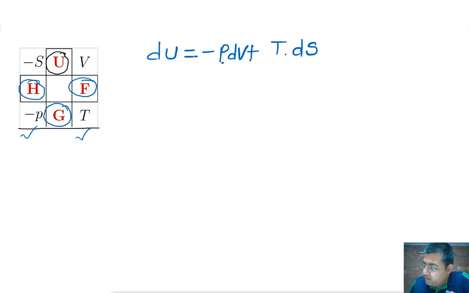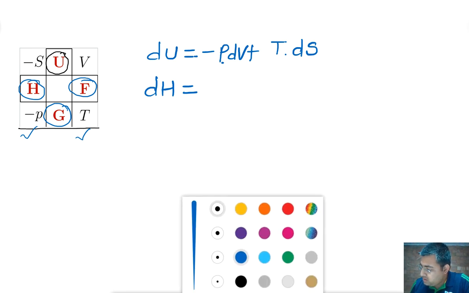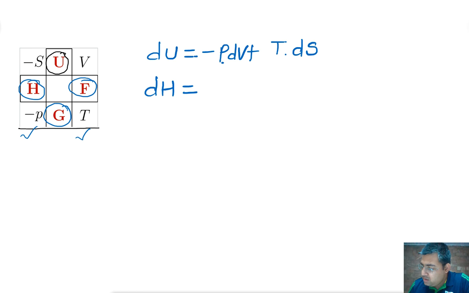Okay, now for dh. Here in this case, the opposite elements for h are going to be v and t. Okay, the opposite elements are v and t. So let us write v and t.